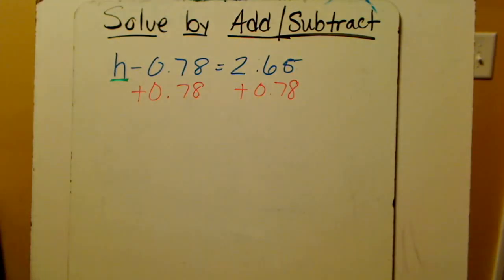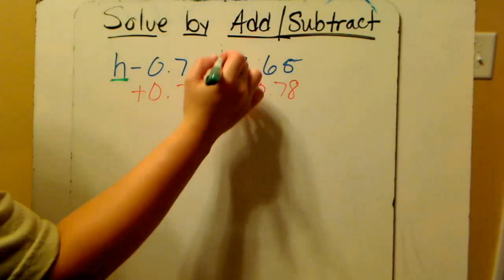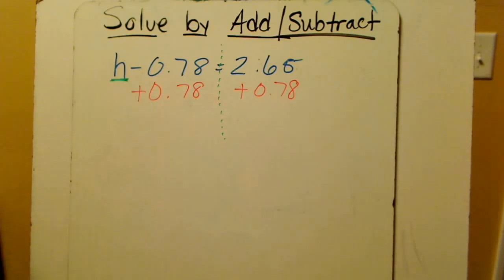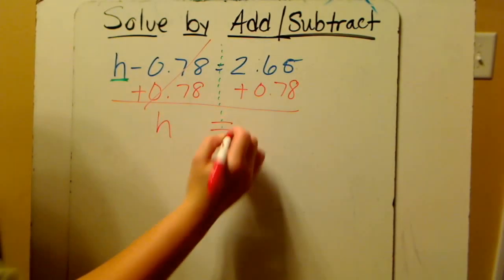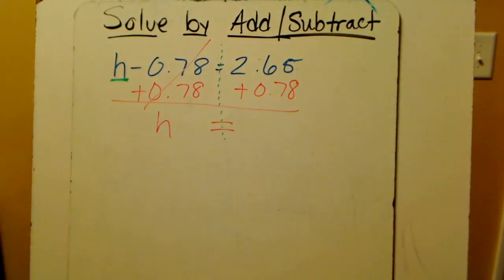Also, something to remember is when you cross the equal sign line, that's when we want to do the opposite operation. After we've done that, our 0.78s cancel out on the left-hand side, and you're left with h. So we've got h equals 2.65 plus 0.78, and you get 3.43.